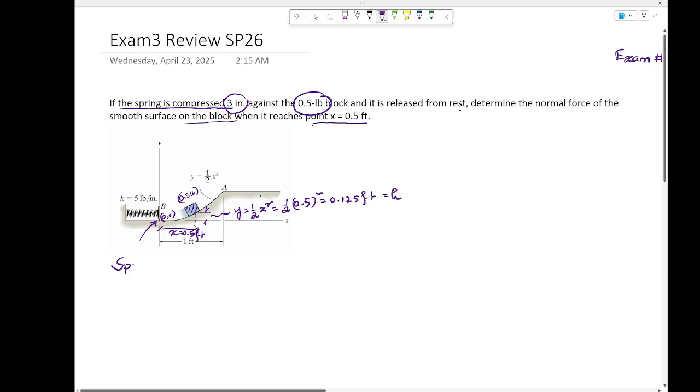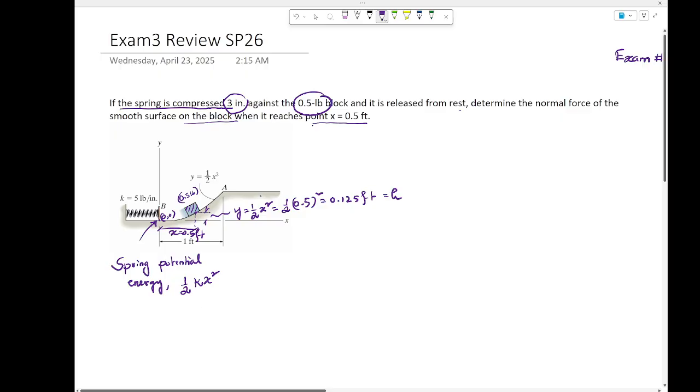So this is your spring potential energy at point B, which would be TB, right? Half of k x square.